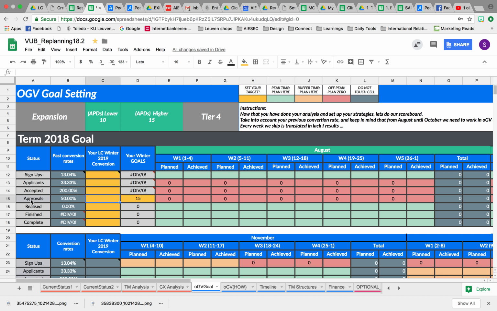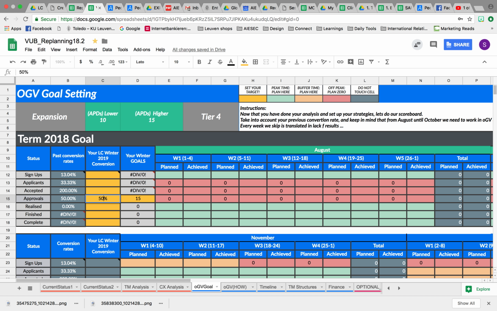So for example, a conversion from approval to realized is only 50%, is extremely low, and this was probably this low because of very slow process time, meaning that many of those people still got realized, but maybe very, very late. For example, if your strategy is to do approvals in November already for summer peak, then this is an okay conversion rate, because out of all of the approvals that you are doing, half of them are realizing in winter peak and half of them are realizing months later in summer already.